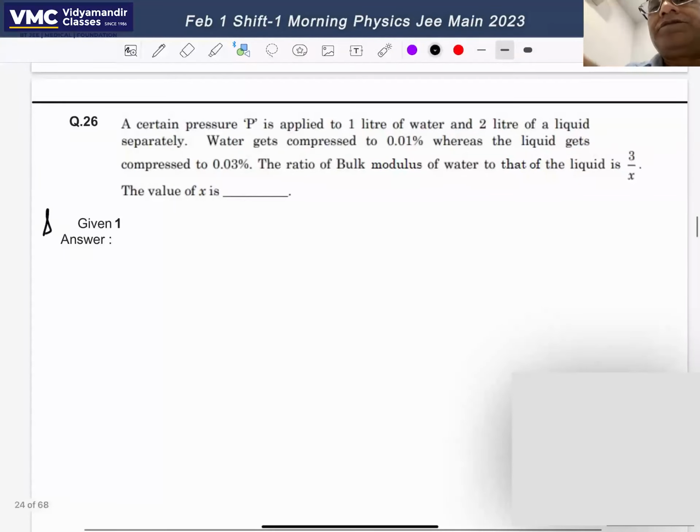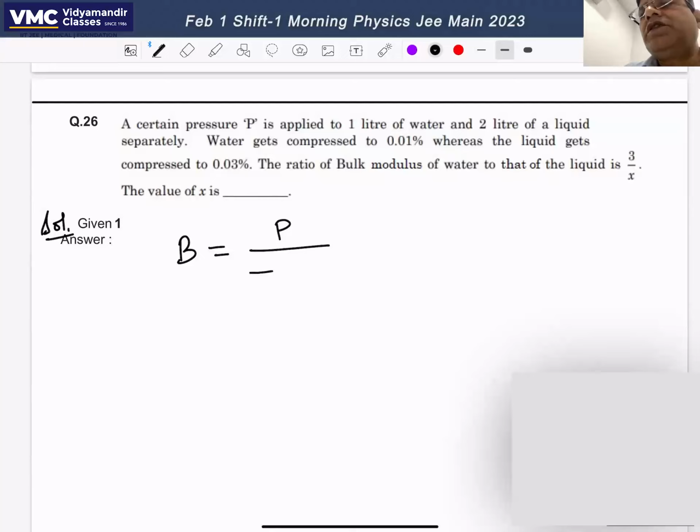So in this question, we have to use bulk modulus. Bulk modulus is the pressure applied divided by the volumetric strain produced. So minus delta V by V is the volumetric strain produced. We have to find the ratio of the bulk modulus of water to the bulk modulus of liquid.